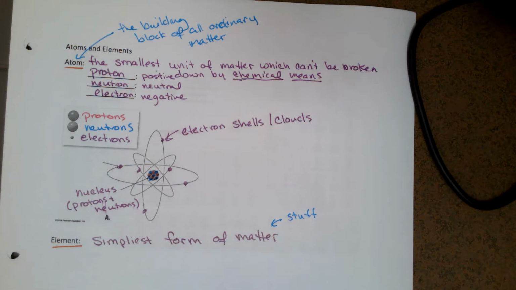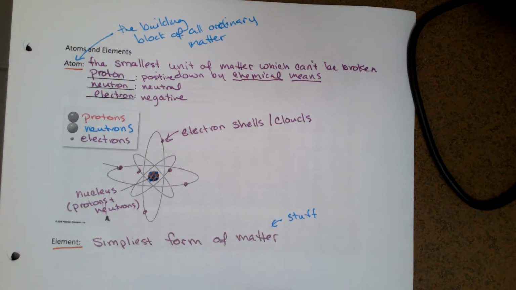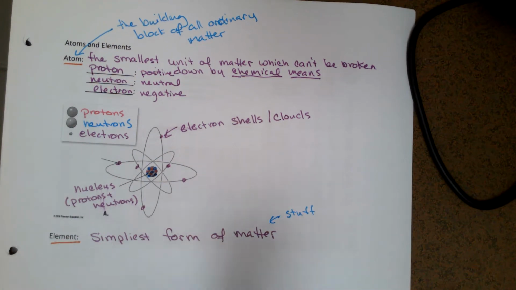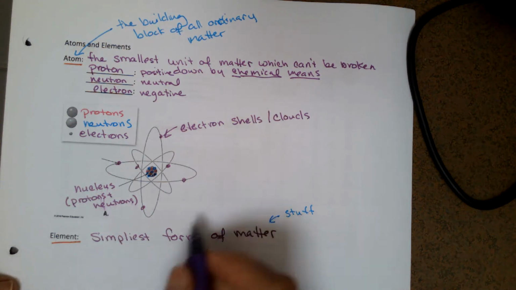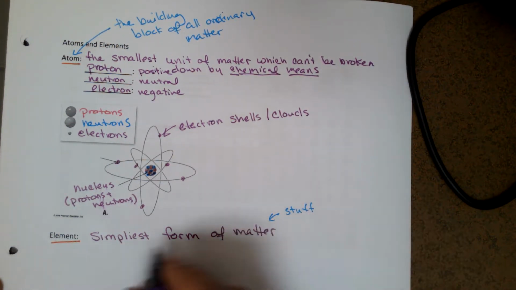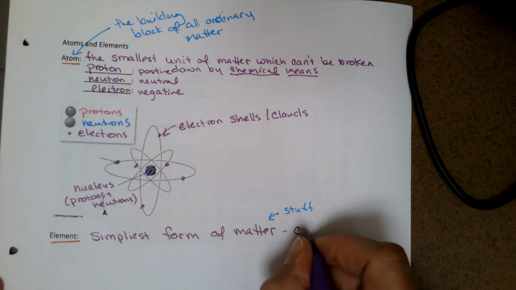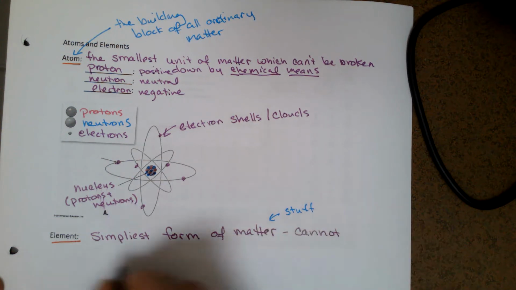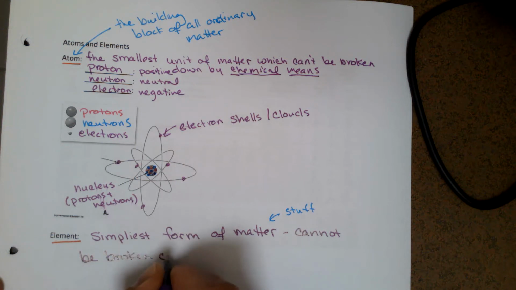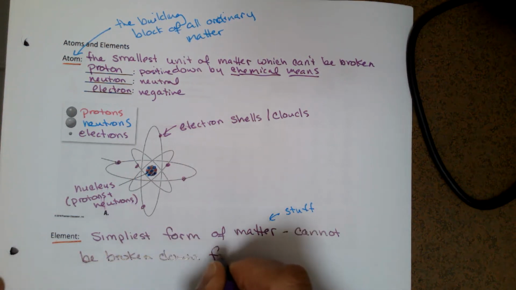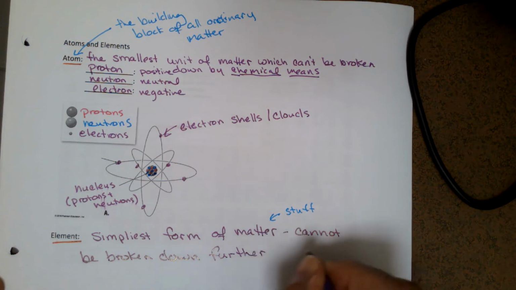So when you say that the universe is made of matter and energy, what you're literally saying is it's made out of stuff, and stuff can do stuff. And that's what we mean by the universe. So the simplest form of matter, in other words stuff, cannot be broken down further by chemical means.